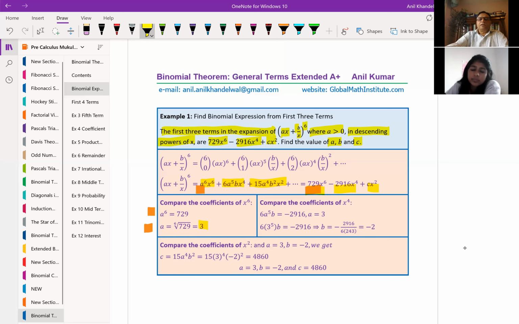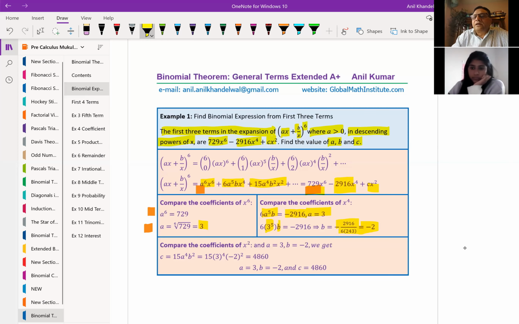Perfect. Now, we can take the second value, which is negative 2916, and equate it to the coefficient of x to the power of 4, which for us is 6a to the power of 5 times b. We already know that the value of a is 3. So substituting 3 in this equation, we can isolate b and get its value.